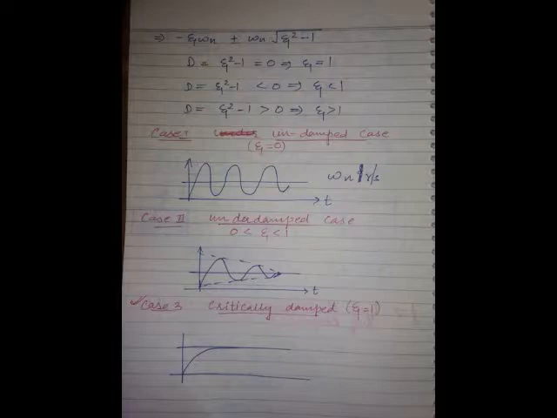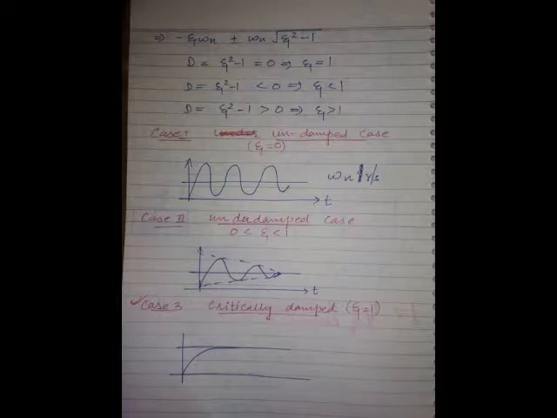Suppose this discriminant, which is zeta square minus 1, is equal to 0. These roots are real and equal, which implies zeta value is plus or minus 1. Negative values we don't take, right? I will show you as it goes. So plus or minus 1, we write only, we take only positive damping values.